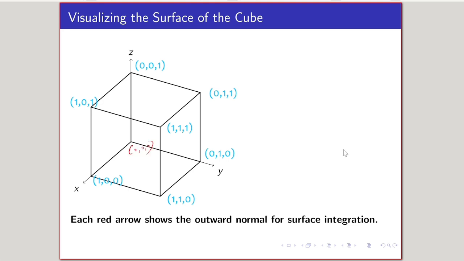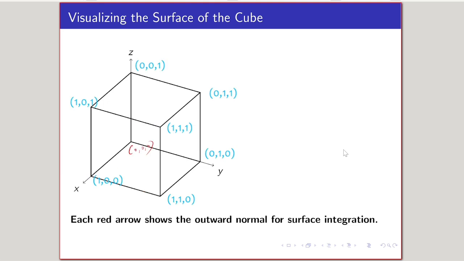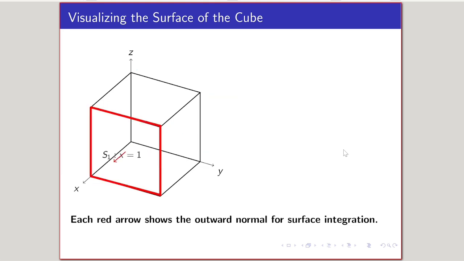And here, totally six faces are there. So we may say these are the surfaces. This will be the first surface. Here x will take the value 1, and other than that, y and z vary. And for the second surface, here x will be 0.